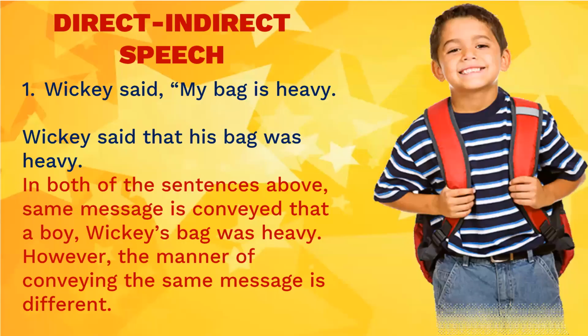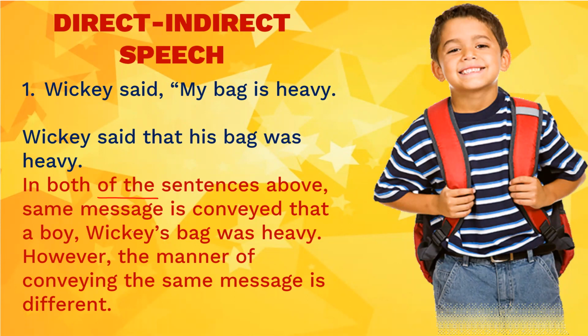Direct and indirect speech. Look at the example on my screen. Vicky said, "My bag is heavy." Vicky said that his bag was heavy. Did you notice something? In both of the sentences written above, same message is conveyed that a boy whose name is Vicky, his bag was heavy.